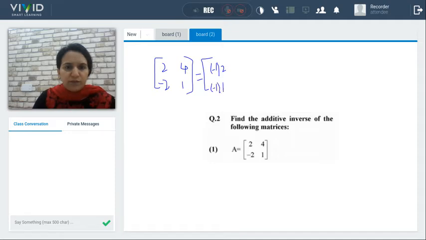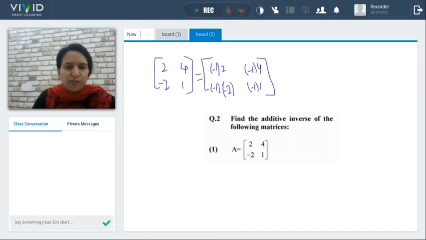-1 into -2. Okay, we have to write this in the bracket because it also has a minus with it. -1 into 4, and then -1 into 1.